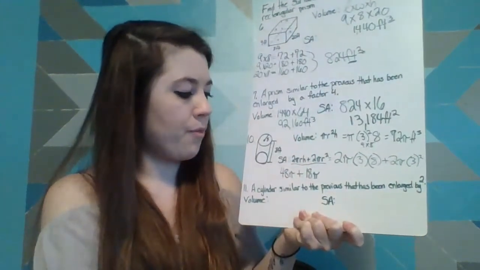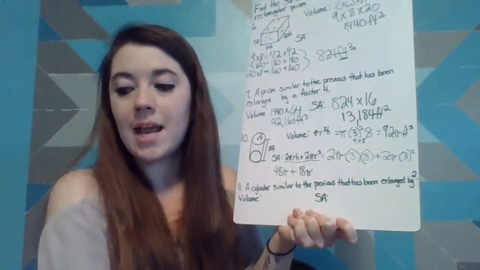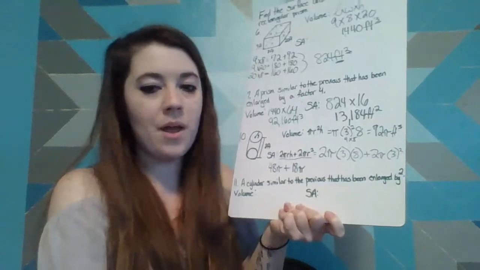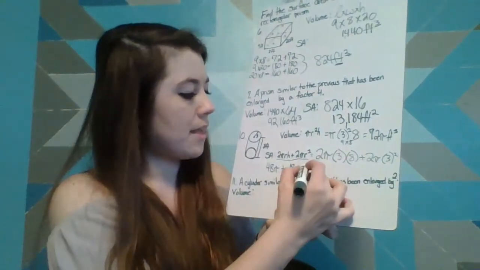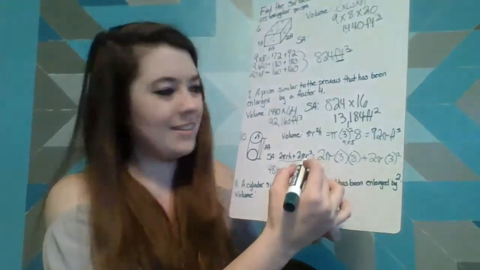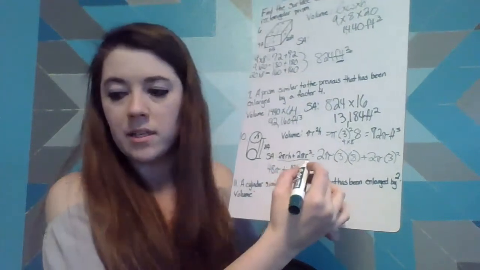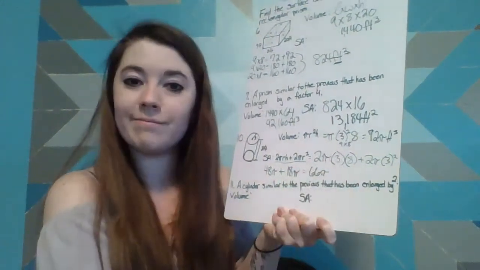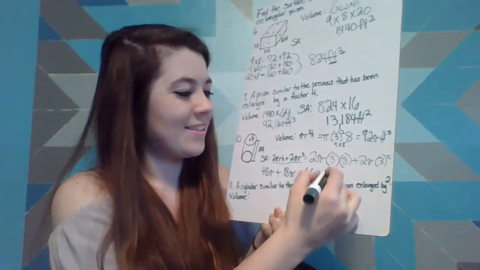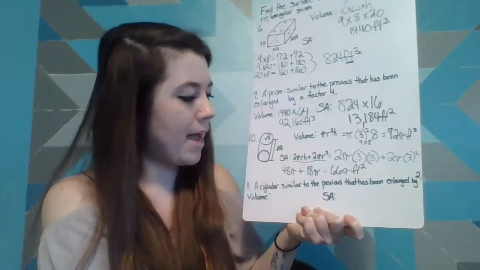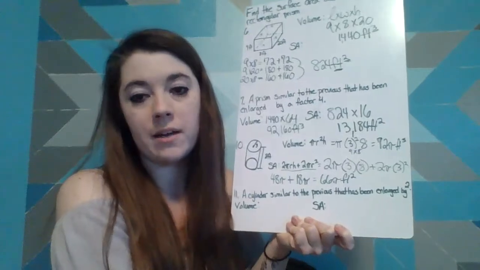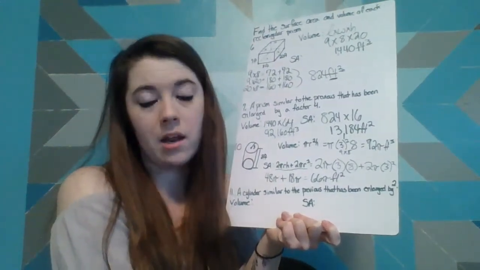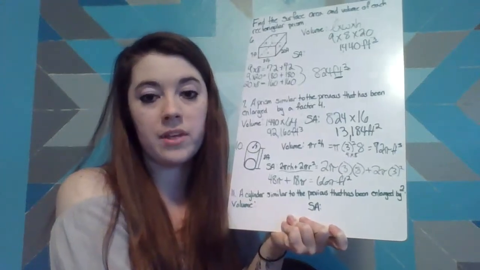So we end up with 48 pi plus 18 pi. So if we add those together, we end up with, let's see, yeah, 66 pi. Sorry, looked at the wrong one. Almost said the volume one again. All right. So we end up with 66 pi for our surface area. And remember, feet squared because it's an area, not a volume. So we have squared on our feet.